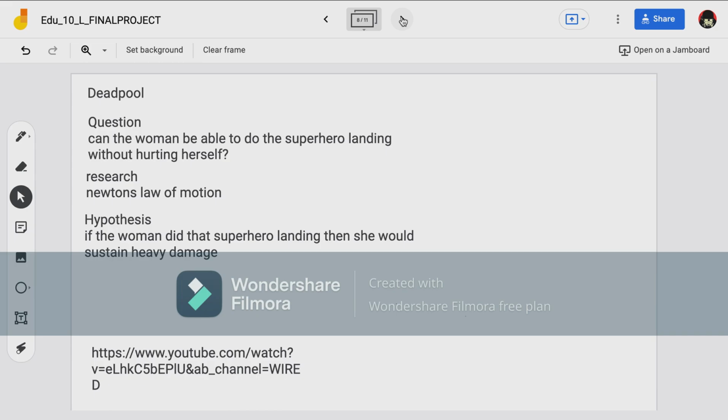My question is, can the woman do the superhero landing without hurting herself? My research requires Newton's laws of motion, and my hypothesis is if the woman did that superhero landing, she would have sustained heavy damage.